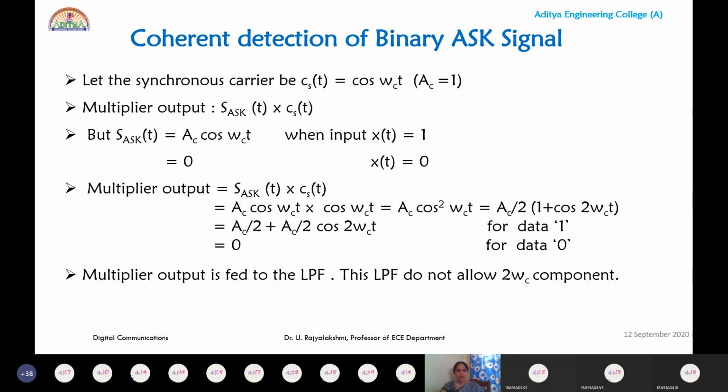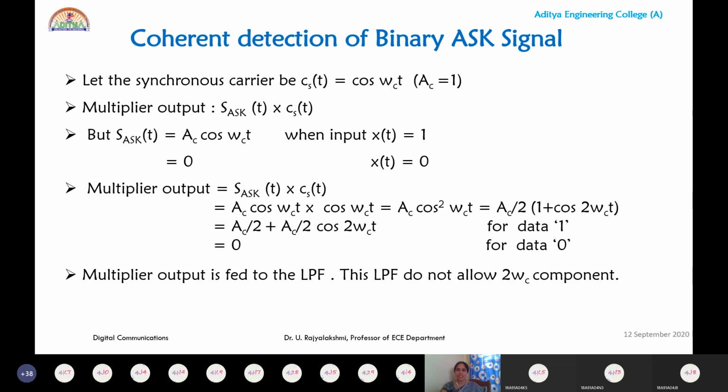Now what is the multiplier output? The multiplier output will also exist only for data 1 and it won't exist for data 0, because the multiplier output is a product of the ASK signal and the carrier. So 0 multiplied by any factor will be 0 only. For data 1, please observe, take the product of the ASK signal and the carrier.